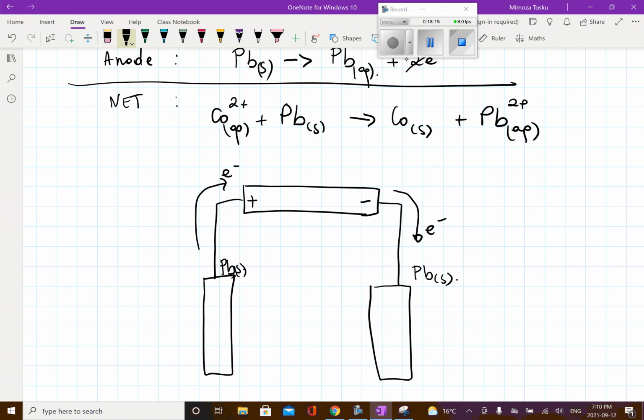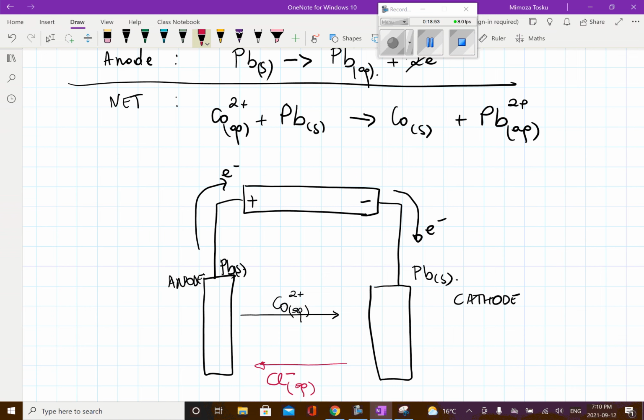This will be anode, and this will be cathode, and we will have the Co2 plus in aqueous solution go towards the cathode, and Cl minus aqueous solution will go towards the anode.